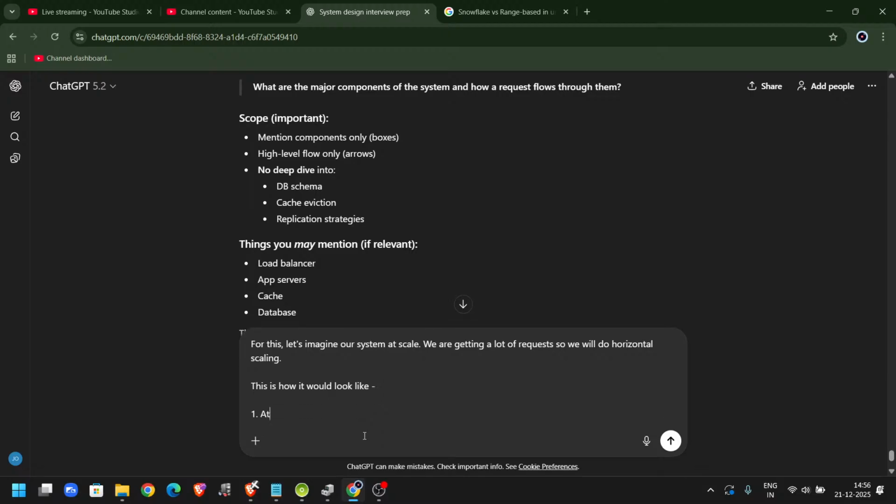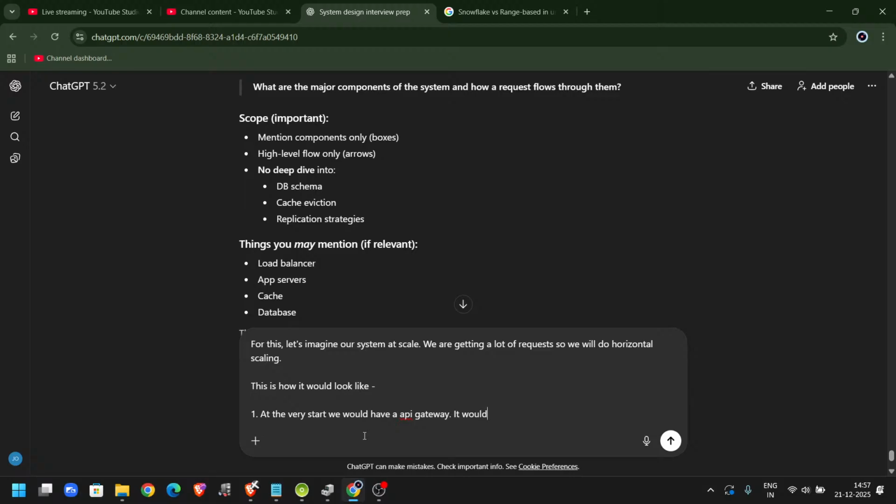At the very start we would have a reverse proxy, or an API gateway. We can have an API gateway.